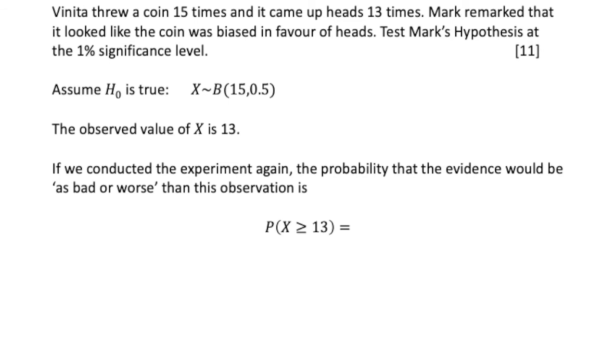The observed value, 13, is definitely bigger than that. So by as bad or worse than 13, I mean, if Vinita conducts the experiment again, what's the probability that she will get at least 13 heads, by which is meant 13, 14 or 15.